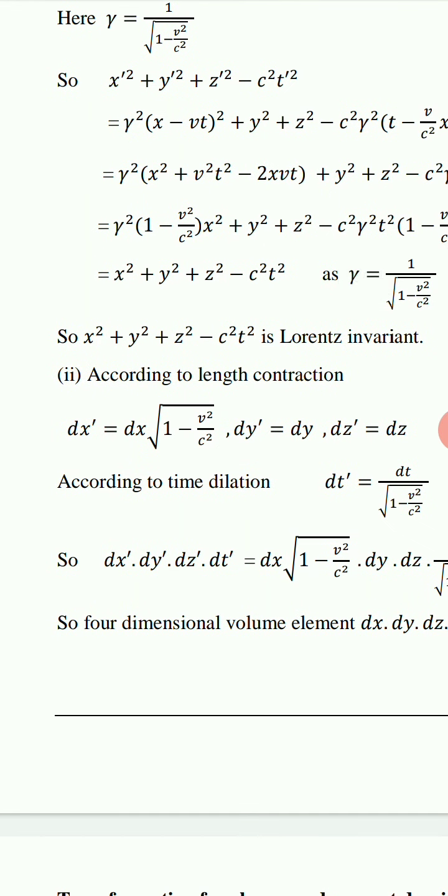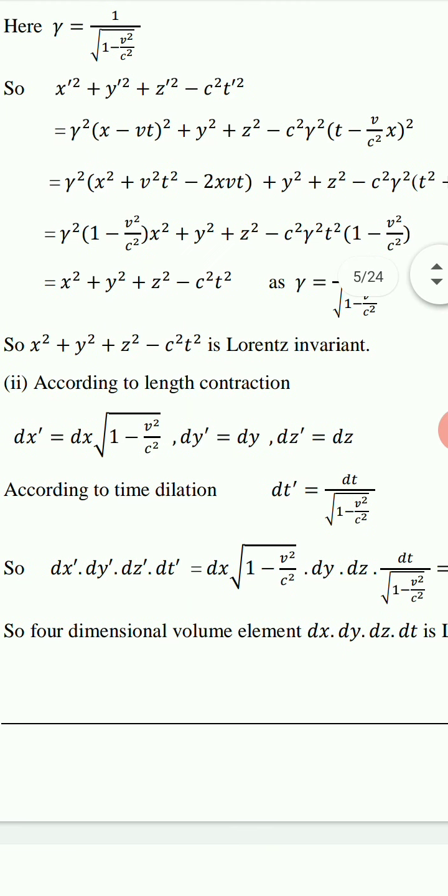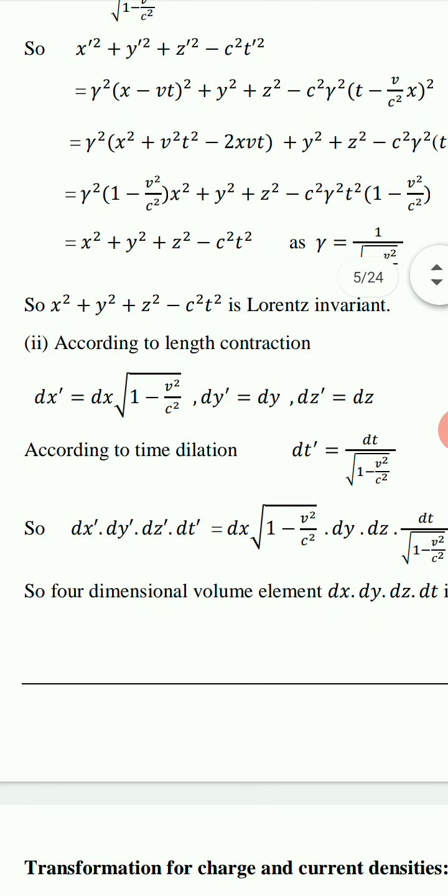First is dx dash equal to dx under root 1 minus v square upon c square. This is known as the equation of length contraction. Dy dash equal to dy, dz dash equal to dz and dt dash equal to dt upon under root 1 minus v square upon c square. This is known as the time dilation equation.